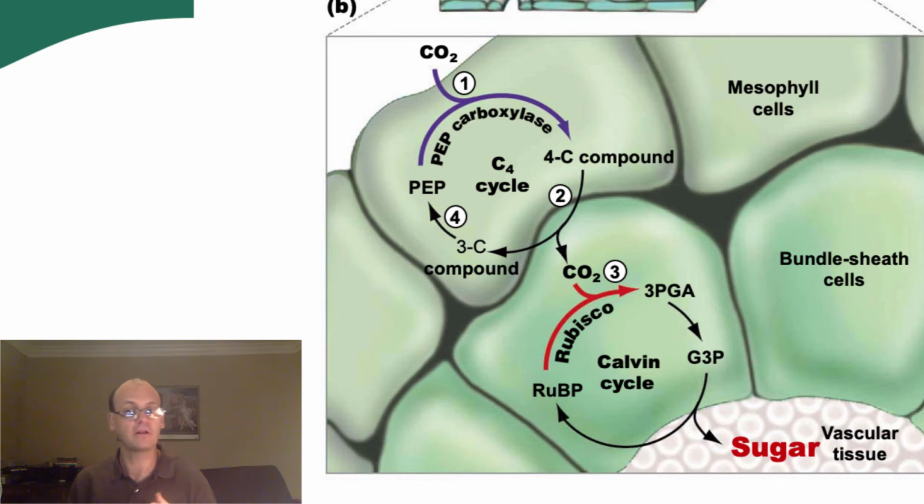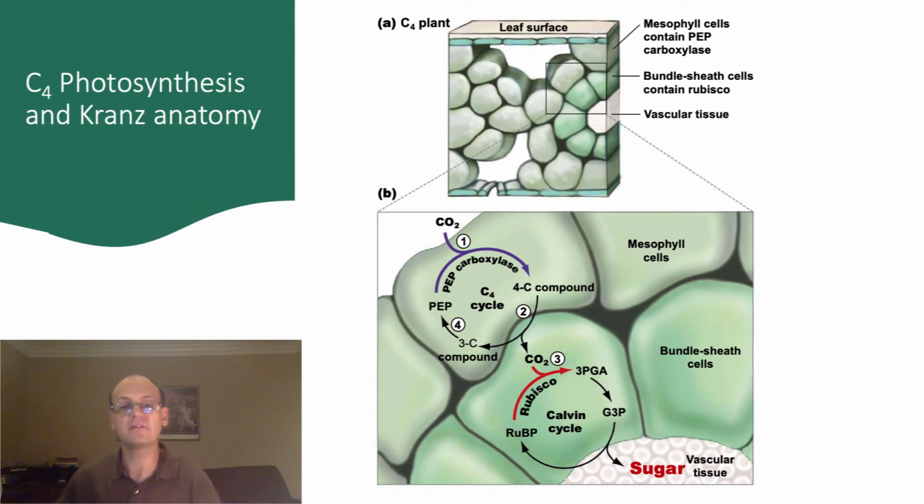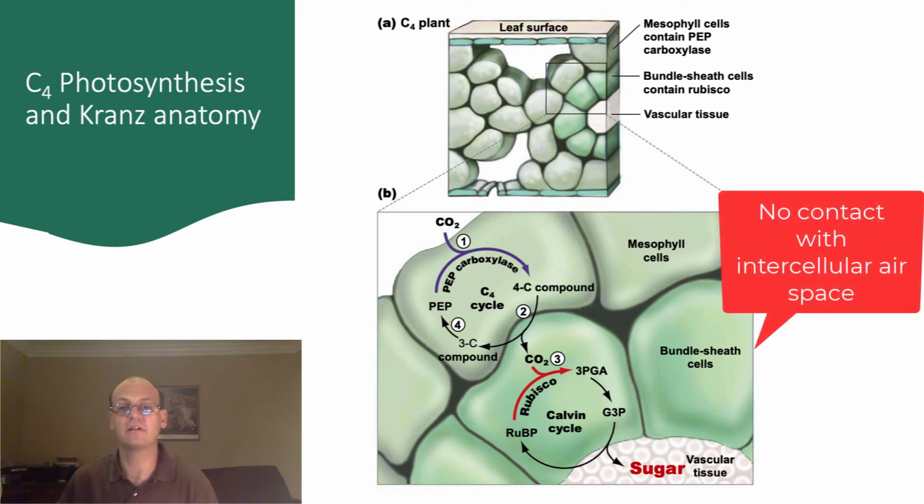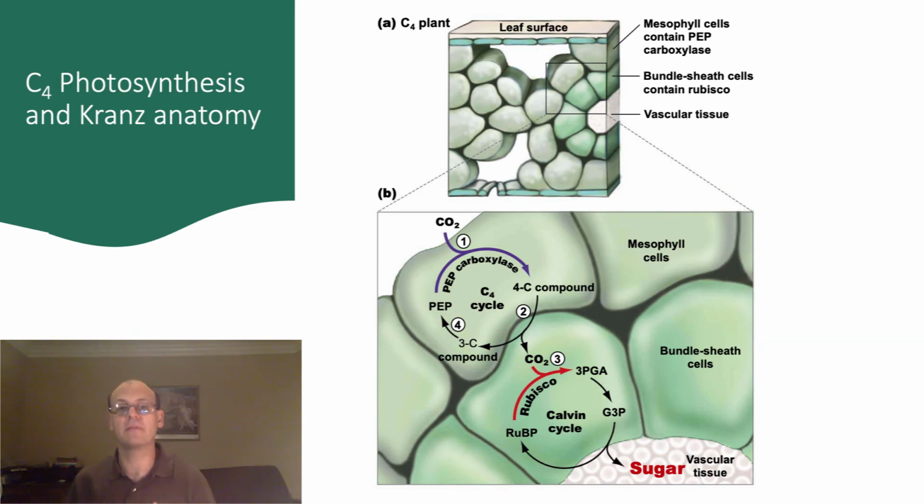The resulting molecule is a 4-carbon compound, and that compound is passed onto the bundle sheath cells where it's broken down to release carbon dioxide. Because of the specifics of the Kranz anatomy, the bundle sheath cells don't contact the air of the intercellular space. Therefore, no oxygen diffuses from that space into the bundle sheath cells.